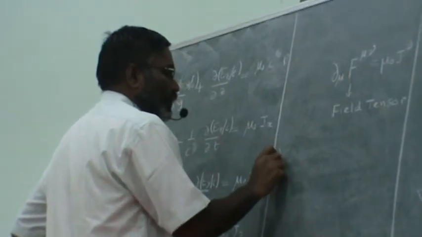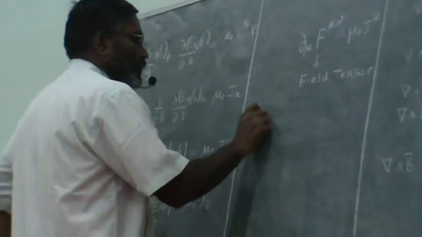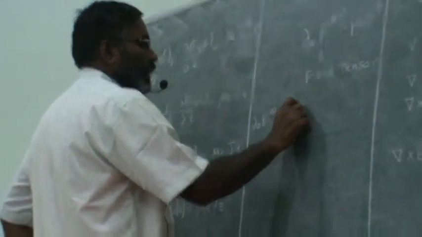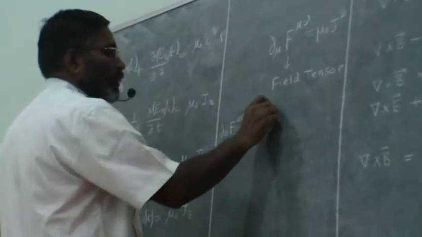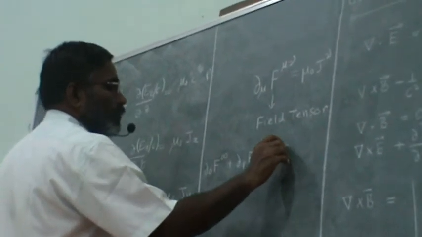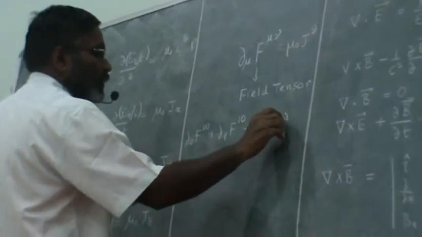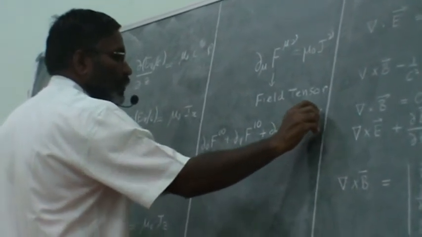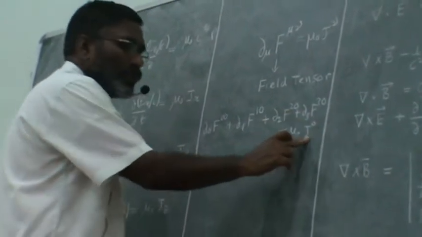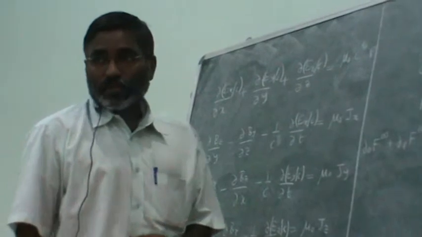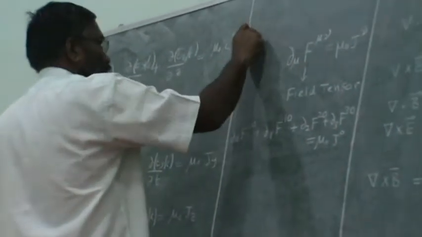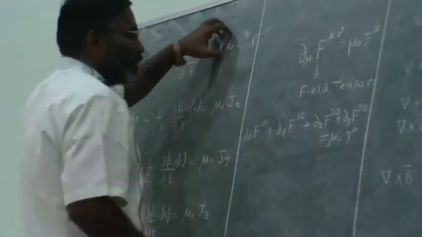Then I write ∂0 F00 plus ∂1 F10 plus ∂2 F20 plus ∂3 F30 is equal to μ0 into j0. But what is j0? j0 is c times rho. So I am talking about this equation.